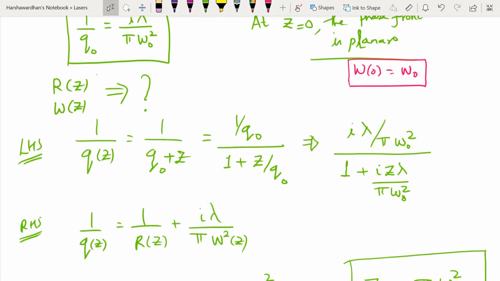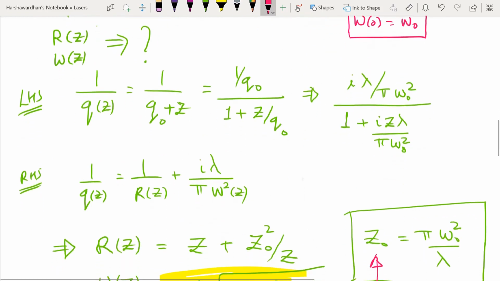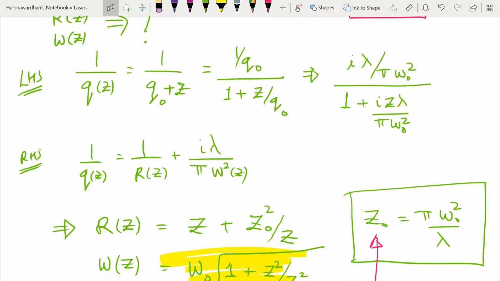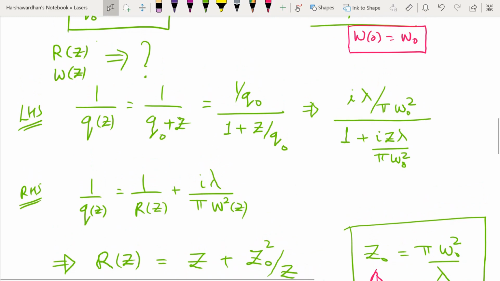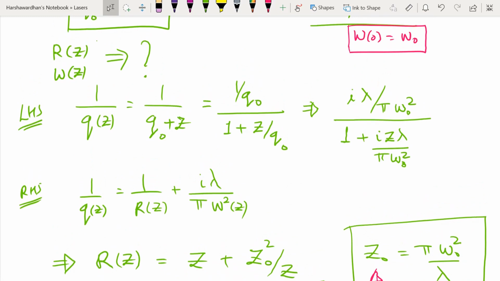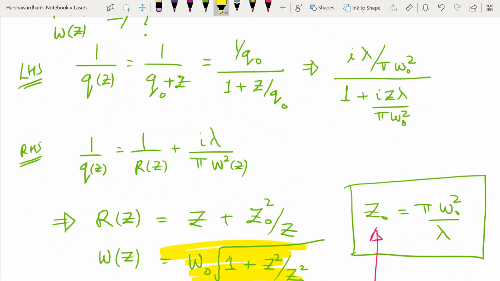I can simply write it out. Remember that my Q goes like Q naught plus Z. So I expand it, and I will essentially get the Z dependence here. Let's just call that the left hand side. On the right hand side, I have already come up with the complex form for this.